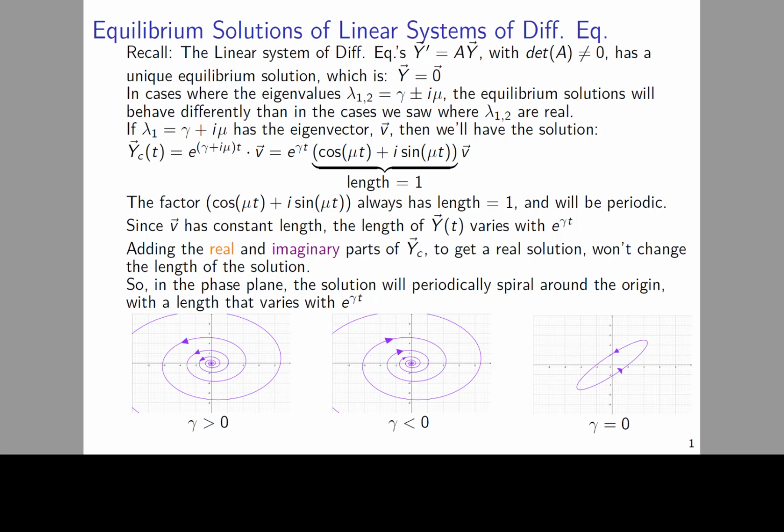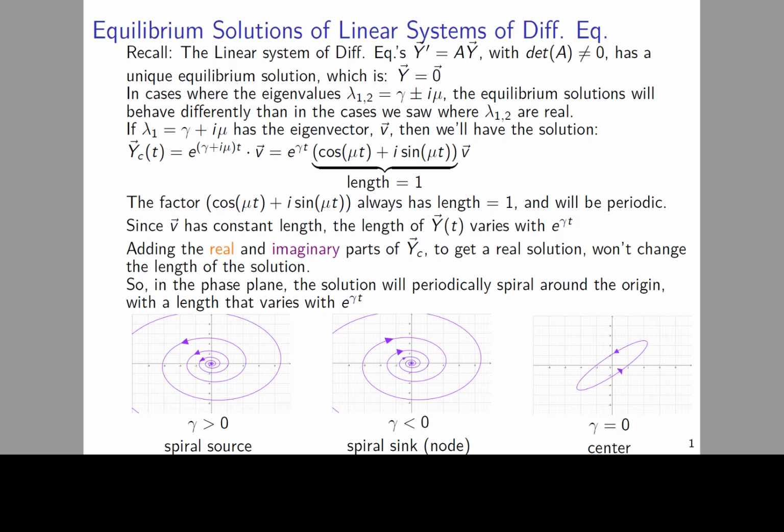We give names to these three cases that come up. In the case when γ is positive, we call the equilibrium solution at the origin a spiral source. If γ is negative, we call the equilibrium solution at the origin a spiral sink. And finally, in the case when γ is equal to 0, we call the equilibrium solution at the origin a center.